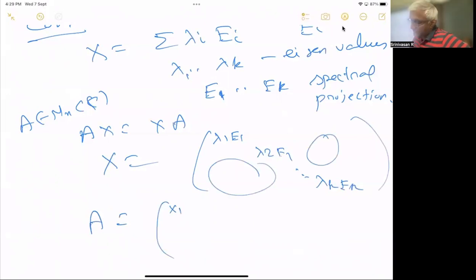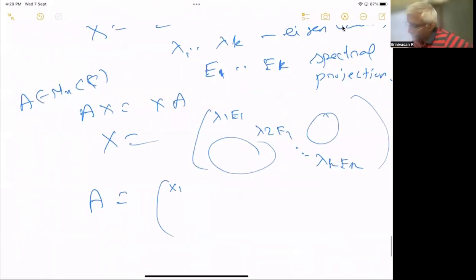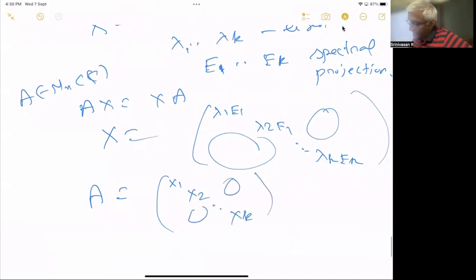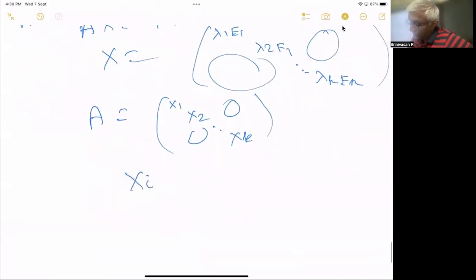Some operator X1, since any X1 will commute with this, where X1 is an operator on the subspace corresponding to E1. E1 gives the eigenspace. So it looks like X1, X2, up to Xk, and 0 everywhere else, where Xi is an operator in B of the range of Ei, the eigenspace.